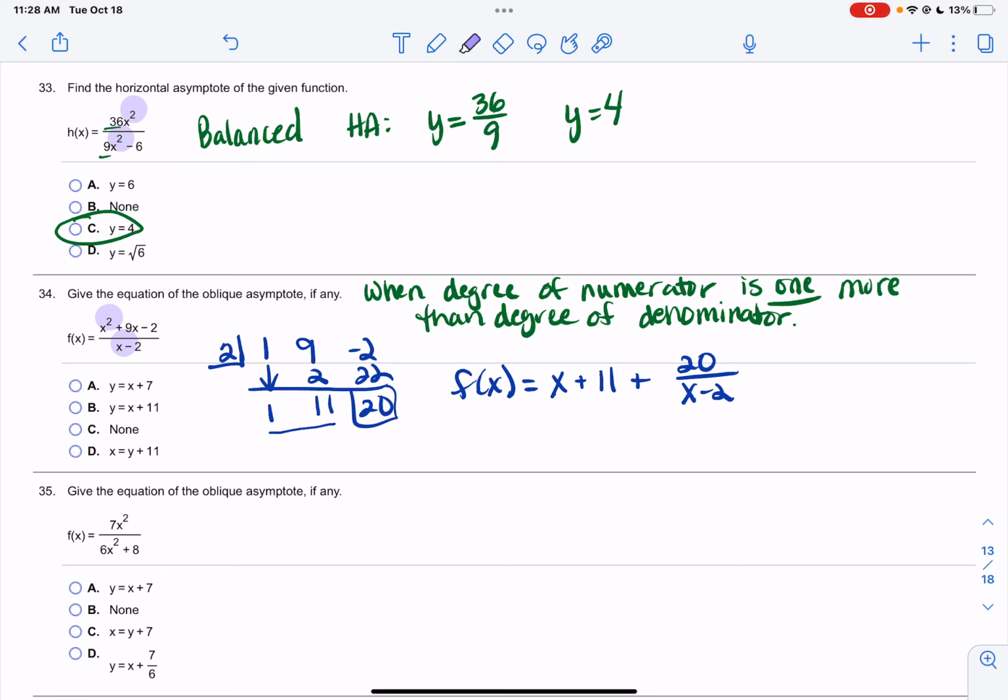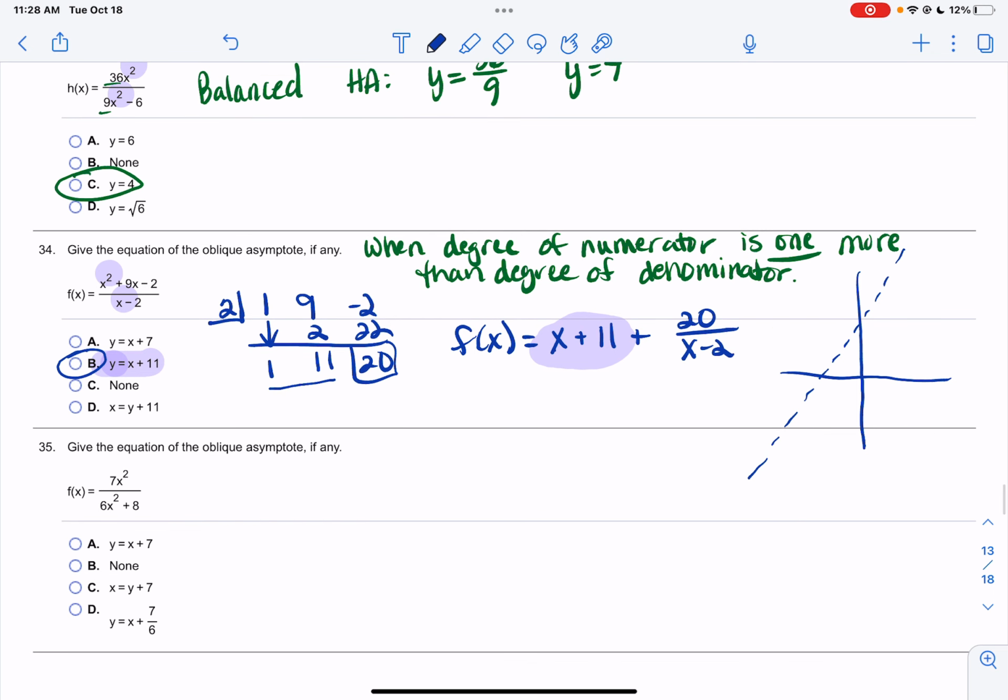The oblique asymptote is found by looking at the whole part of the quotient without the remainder, which is choice B. So if you're graphing this, you would graph the equation y equals x plus 11 as a dotted diagonal line, and that would be your oblique asymptote.